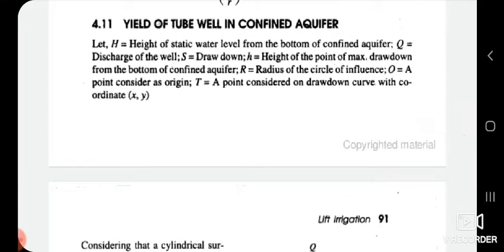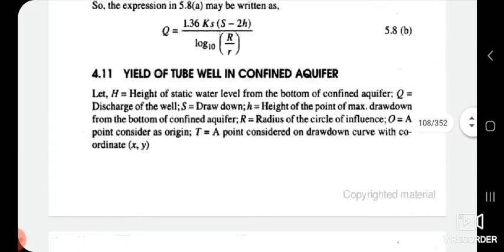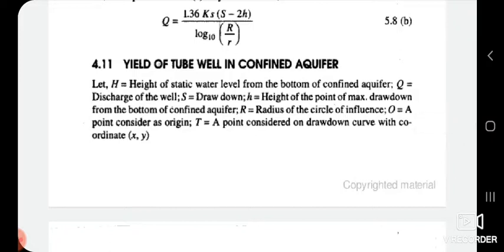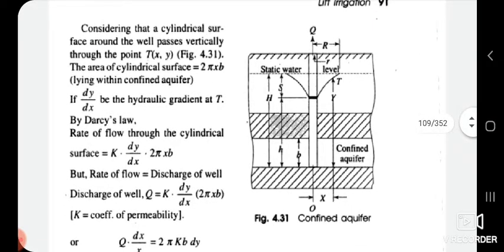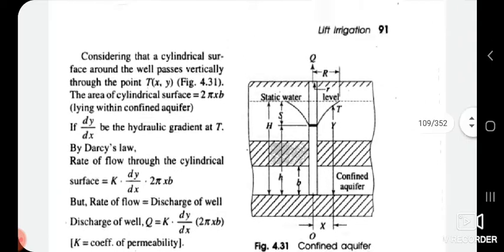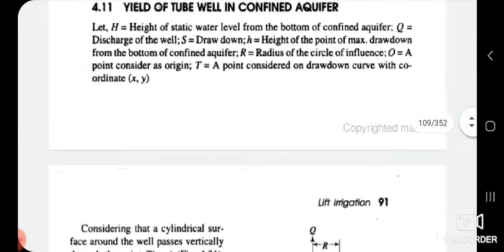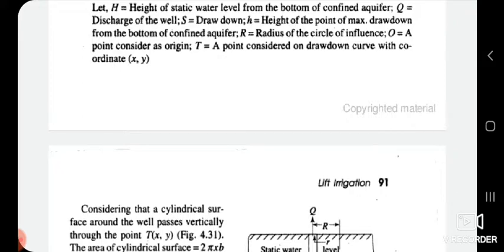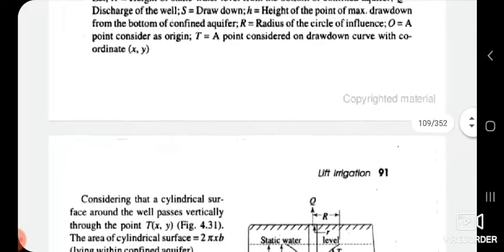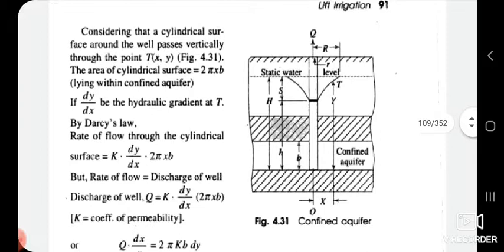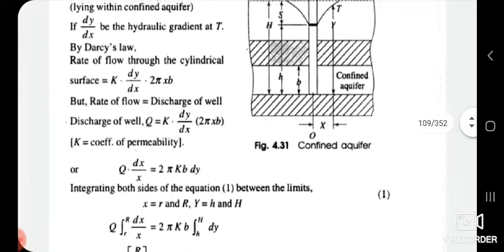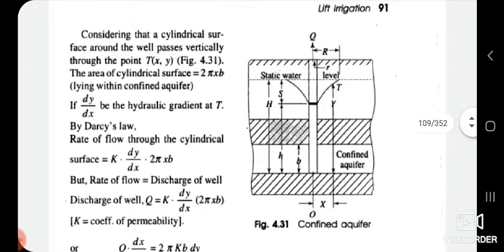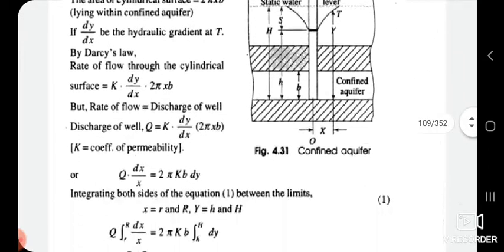So you can pause the video and check out what is a confined aquifer here, and what data is given. So here, in the height, check out where the height is, and yes, H, b, t. So read it once again about the drawdown, about the radius of circle of influence, and height, static water level, and where is a confined aquifer, other data T, right?